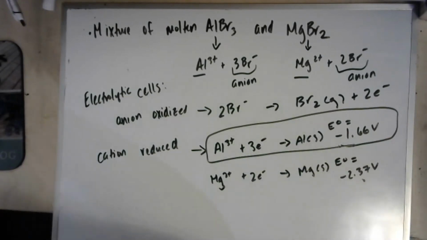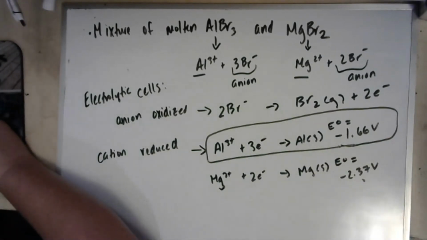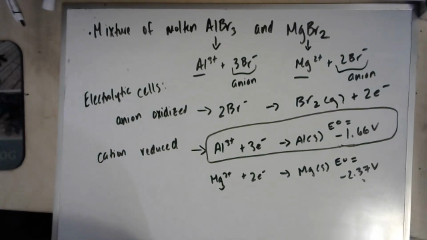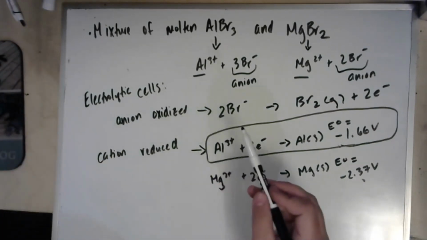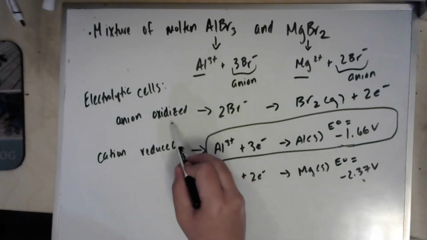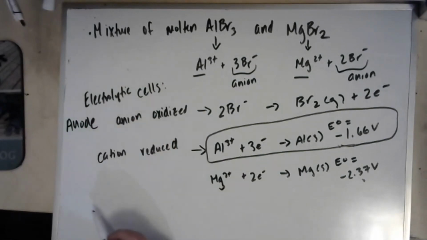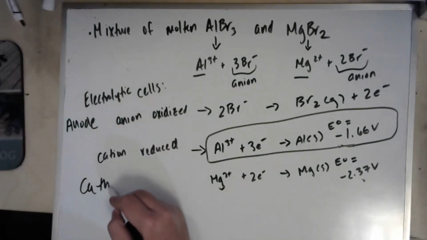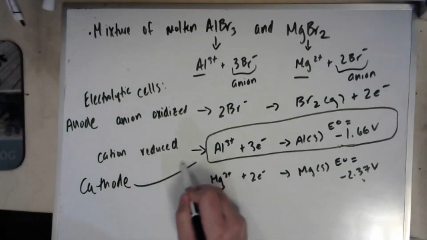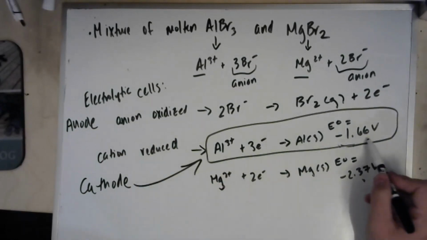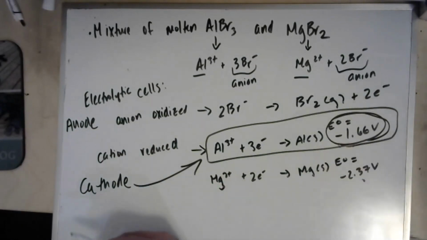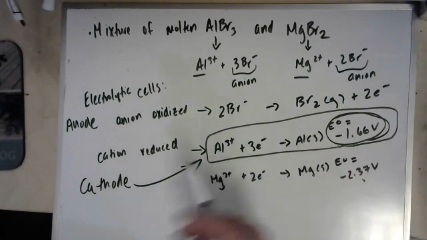That's what this question is asking us to do: figure out which half reaction is going to be occurring at the anode and which is going to be occurring at the cathode. The bromide is being oxidized, so that's going to be occurring at the anode. And then our cathode is going to favor this particular half reaction because it has a more positive E cell value or reduction potential value.